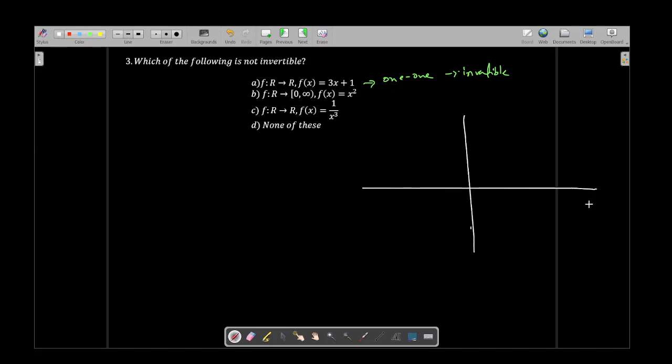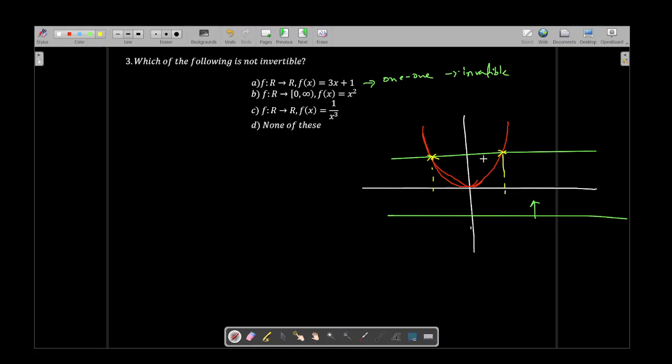The next one is x square. We know it's a parabola. It looks like this. Now if you draw a horizontal line and bring it up, you can clearly see this horizontal line is touching the curve at two points.